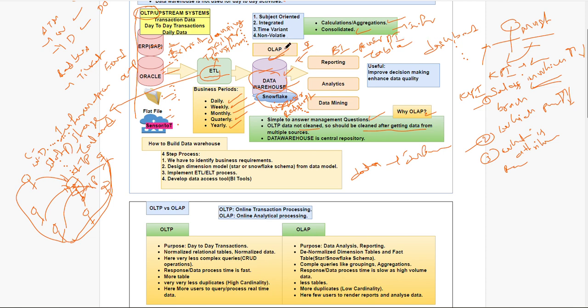So data becomes information by doing some aggregations and then consolidation. With the help of that, management can take decisions, so it will improve decision making and enhance the data quality.